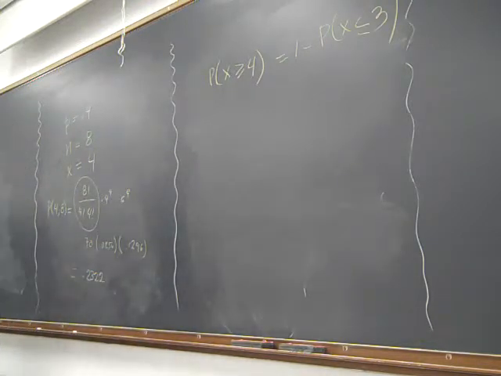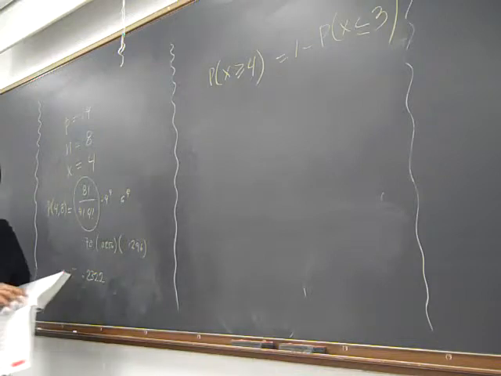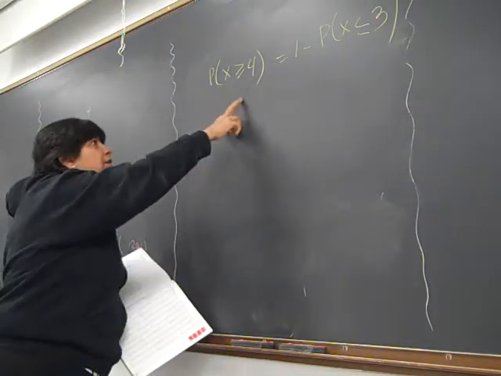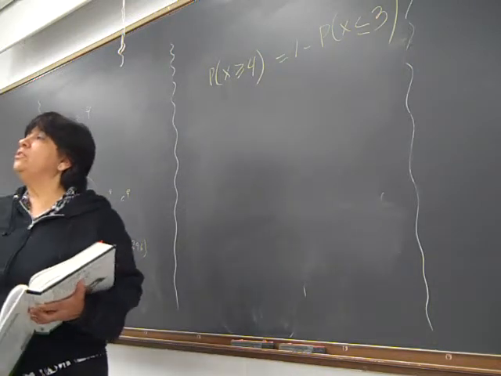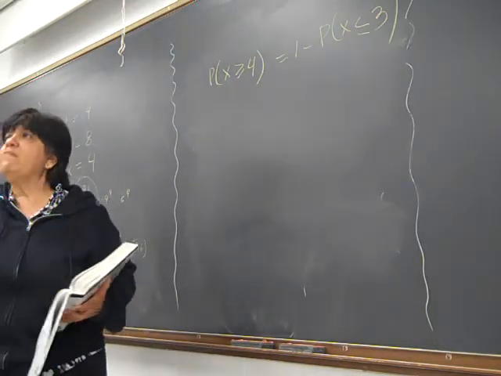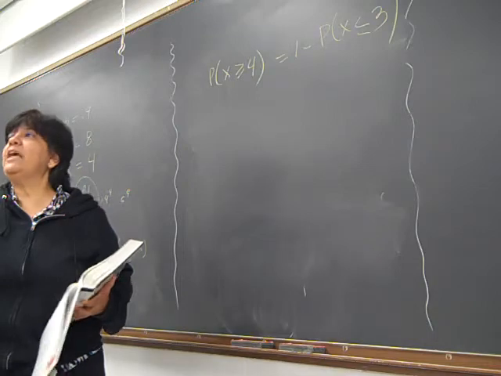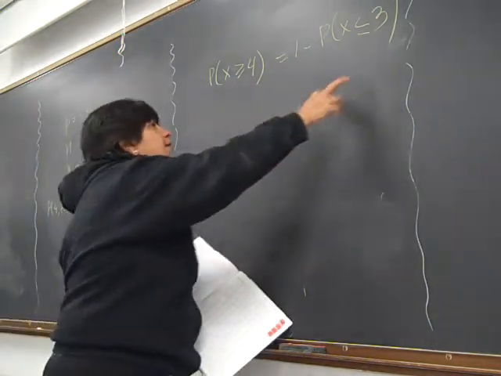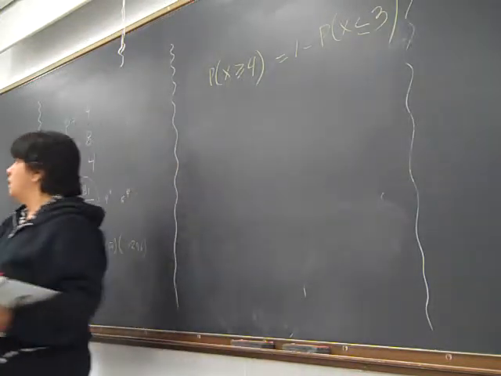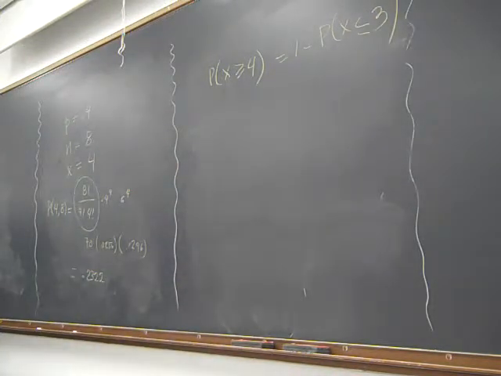Okay? So if you want to do it manually, you can do this on the table. It's the probability that x is greater or equal than 4. But if you want to do it using your TI-84, your TI-84 is going to give you the summation of all the probabilities of x less or equal than 3. And I'm going to show you how to do that.